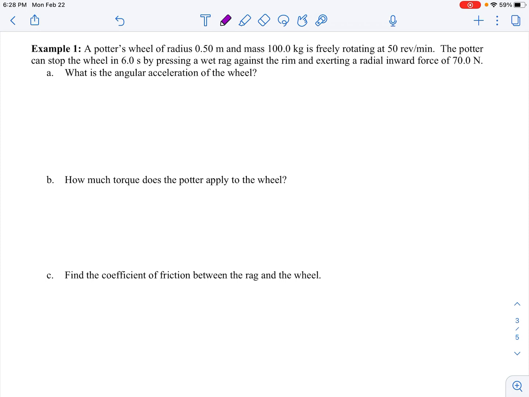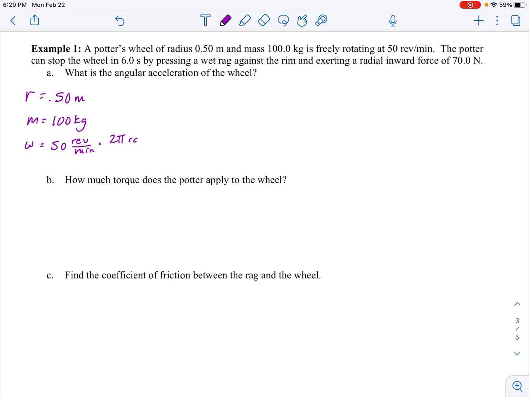Let's try an example. A potter's wheel of radius 0.5 meters and mass 100 kilograms is freely rotating at 50 revolutions per minute. Okay, let's remember what we learned about kinematics. So we have a radius, 0.5 meters. We have a mass, 100 kilograms. This is angular speed, 50 revolutions per minute.